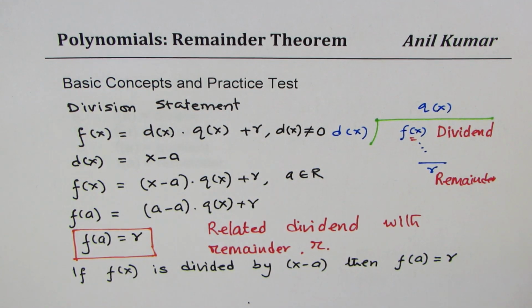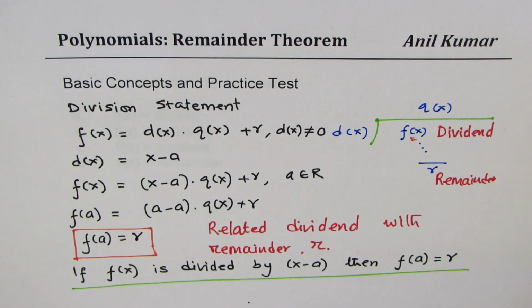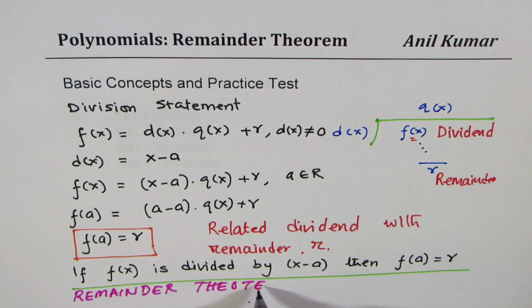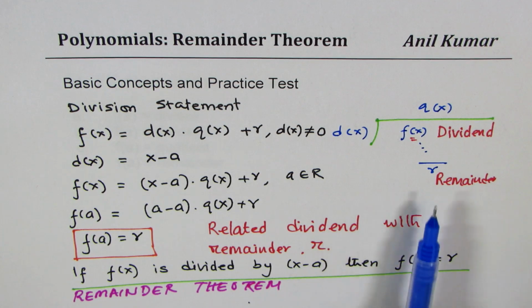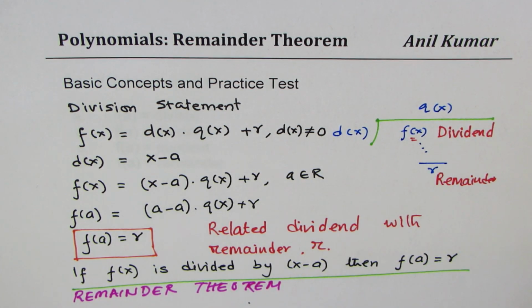That is what we call remainder theorem. So let me write down here. Is that clear? So remainder theorem gives you the remainder directly without even going through the division process.